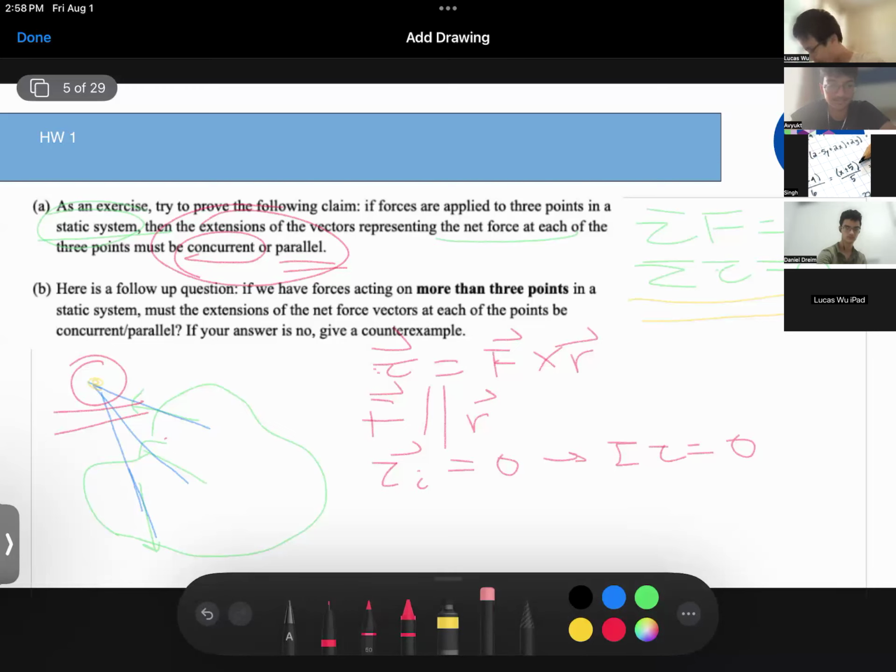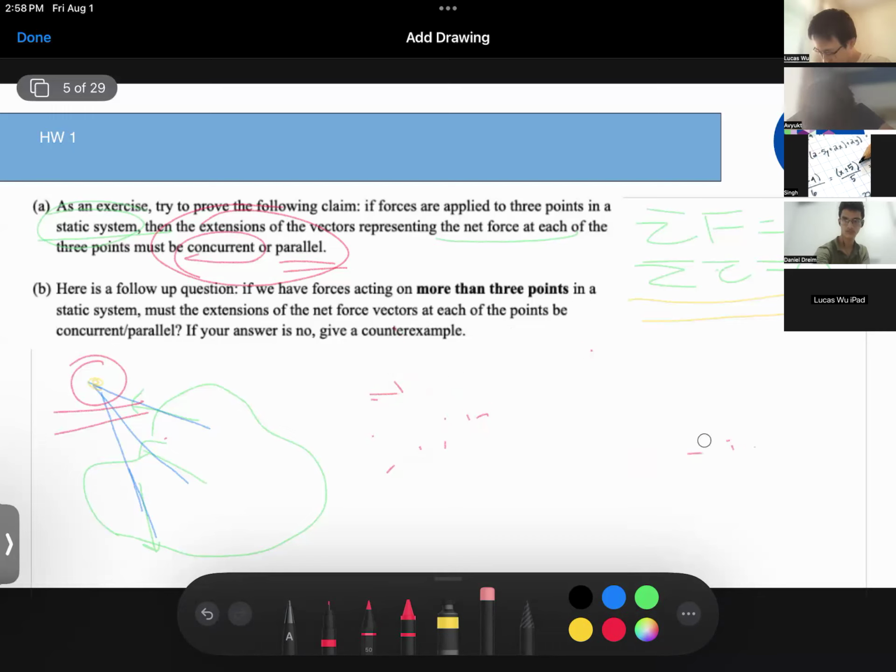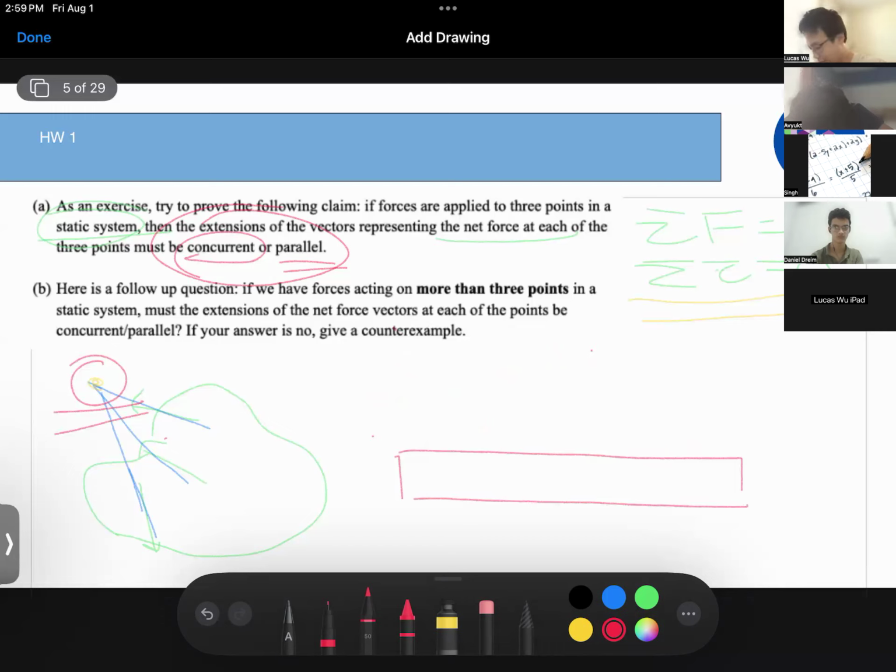And I'll give a counter example here so that you guys can see it. So I'll erase some stuff here to give some space. So for example, let's take the case where we have forces acting on 4 points, right? Let's say you have a rod here, just a regular rod, and we're applying forces at 4 points on the rod.